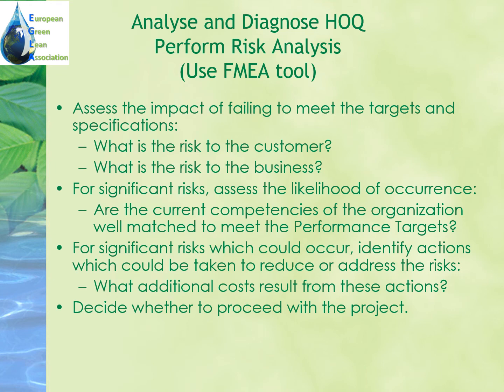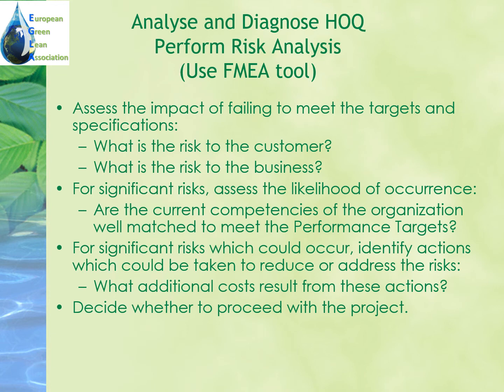For significant risks, you have to assess the likelihood of occurrence. There are also tools for that. Are the current competencies of the organization well matched to meet the performance targets? Do you need to increase some skills, improve some knowledge or something?